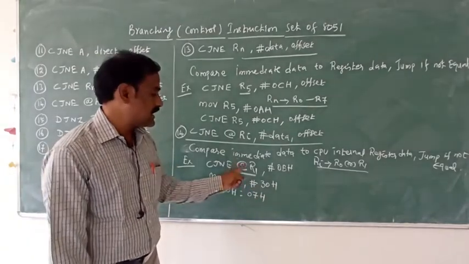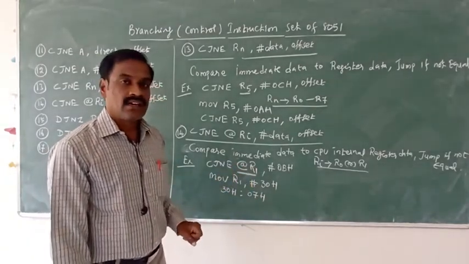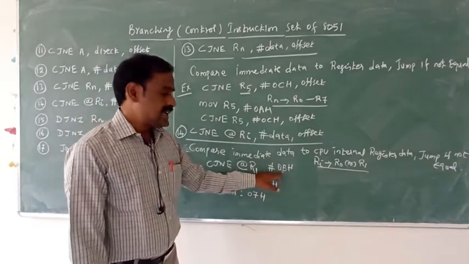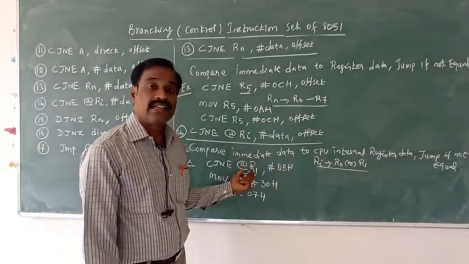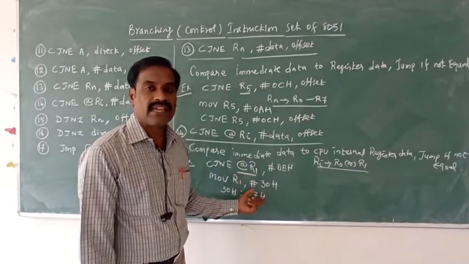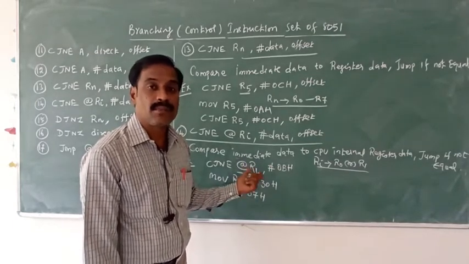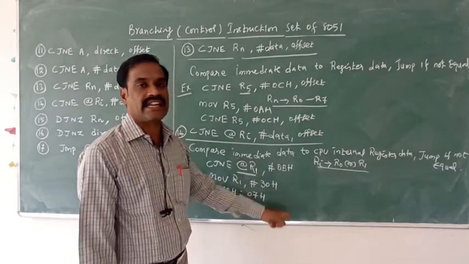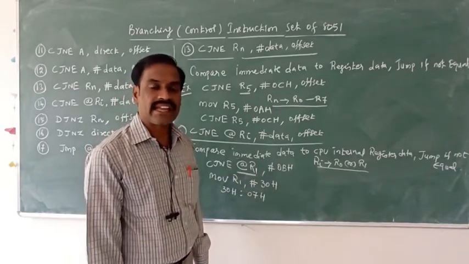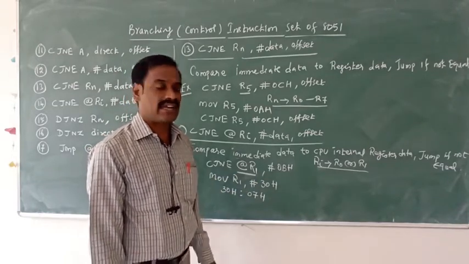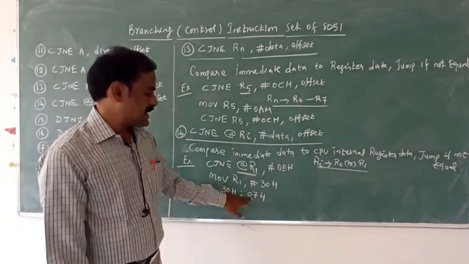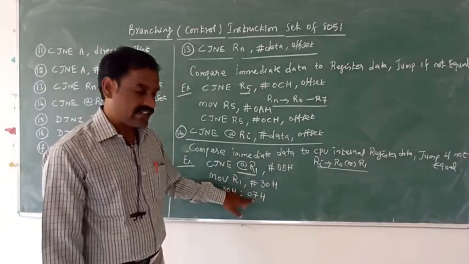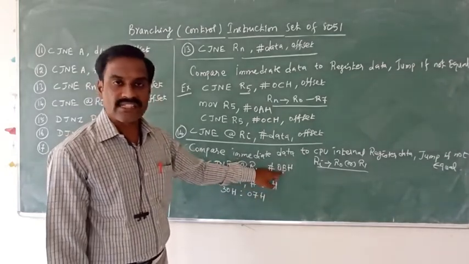Okay, @R1 means we compare the immediately given data with the indirect register memory address location data. Here the indirect memory address location data is 07 and the immediately given data is 0B.